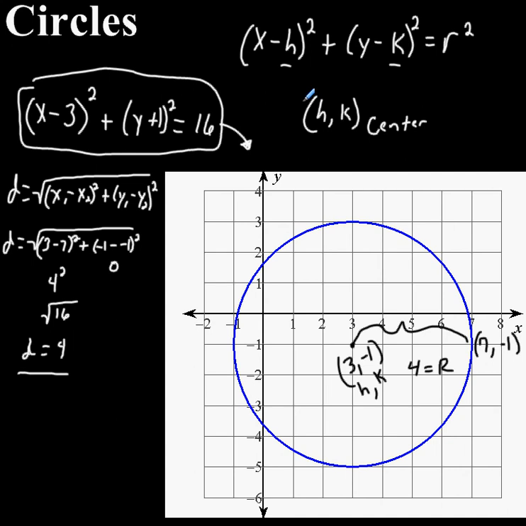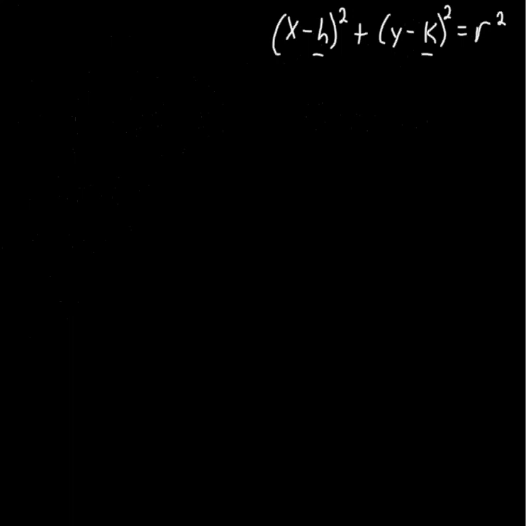Now, there are a couple of other ways that the information of a circle may come, and you have to convert it to this right here. So let's take a look at those. Okay, well, let's try this. What if the information you're given is this right here?